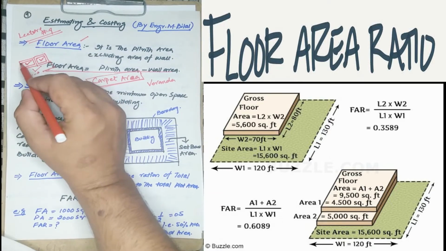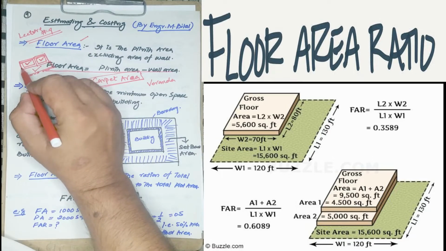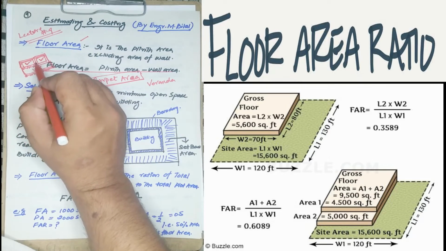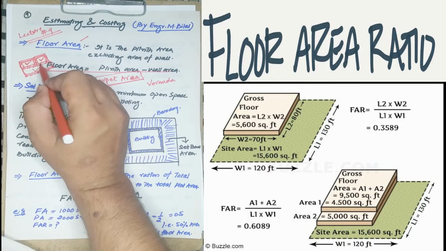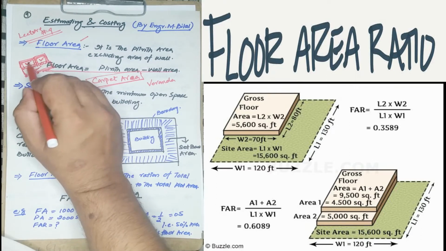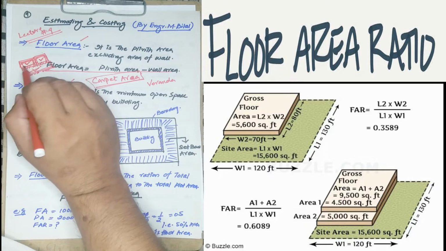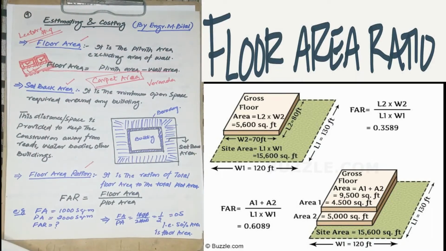So the whole of this is called floor area, excluding the thickness of the walls. But in carpet area, the veranda is not included, and only the area usable for carpet is called carpet area.